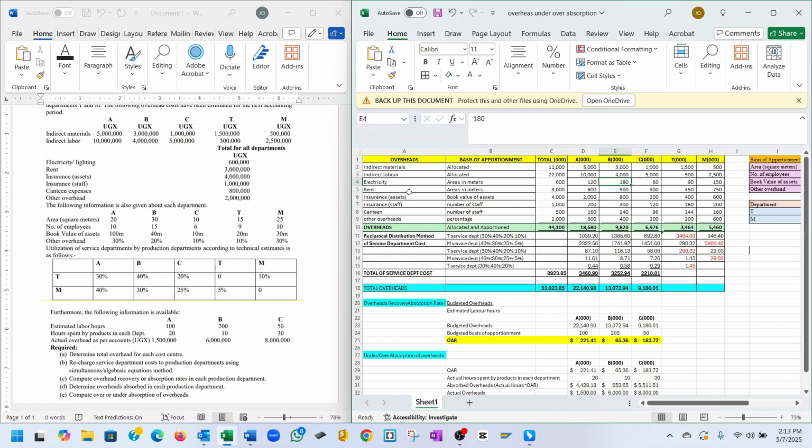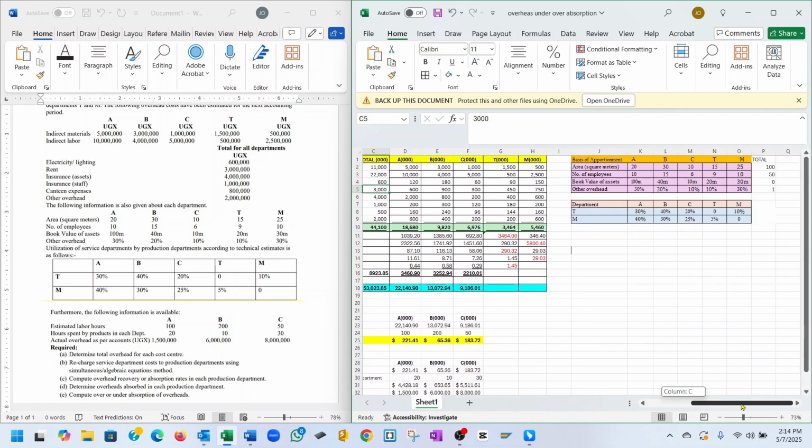Now, we go to rent, which is 3 million. So rent is 3 million. Now, the same basis of apportionment is used, area in meters. And here the total cost is 3 million. So we are going to apportion.